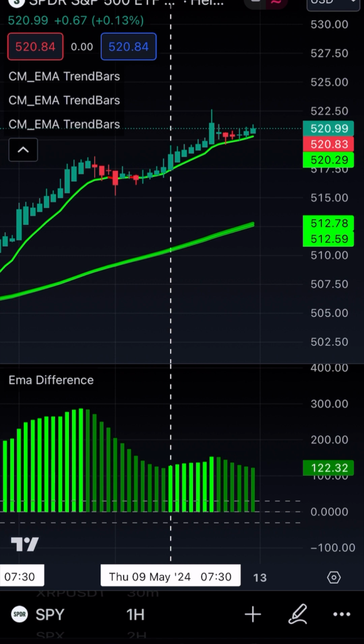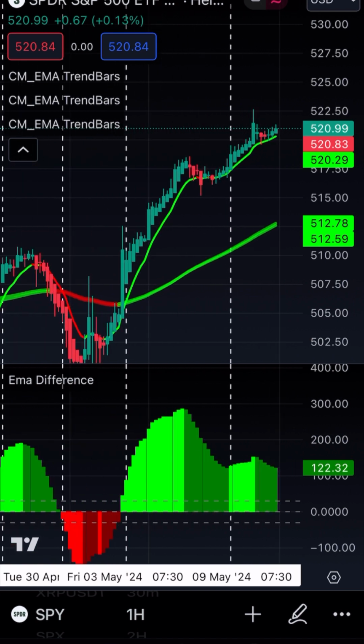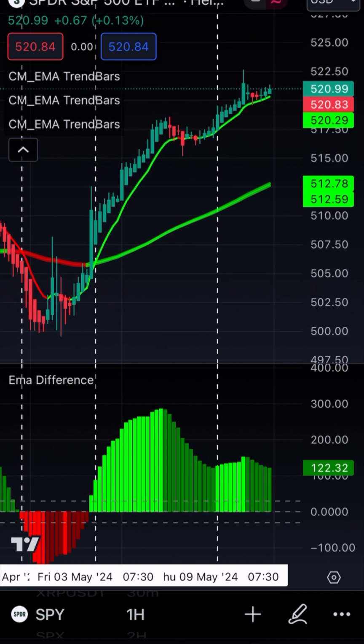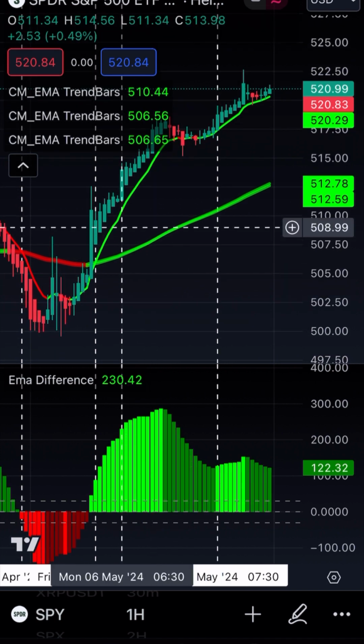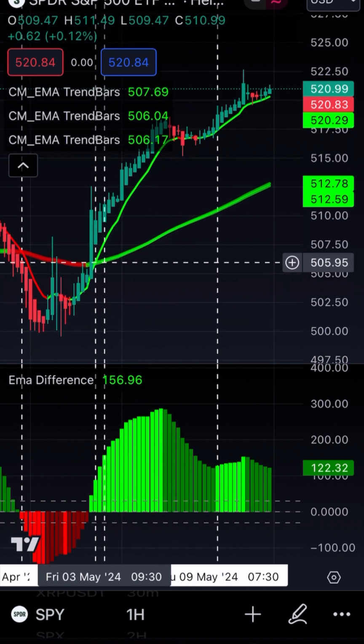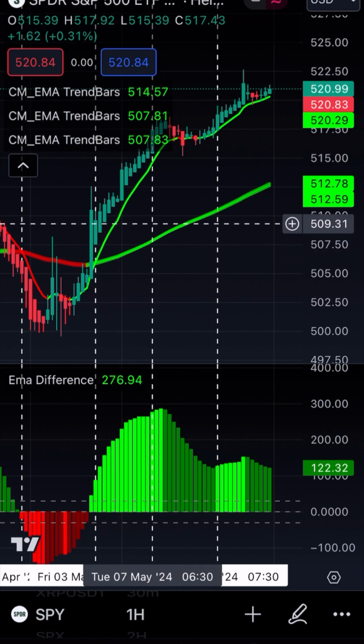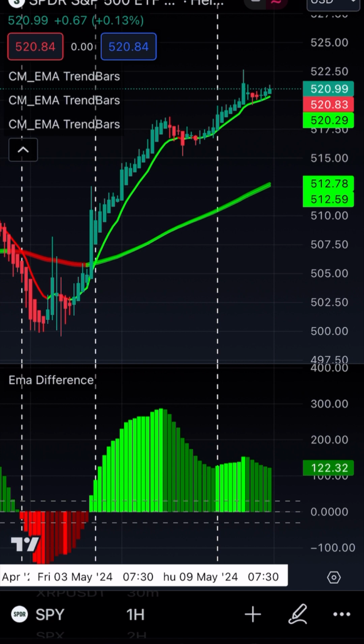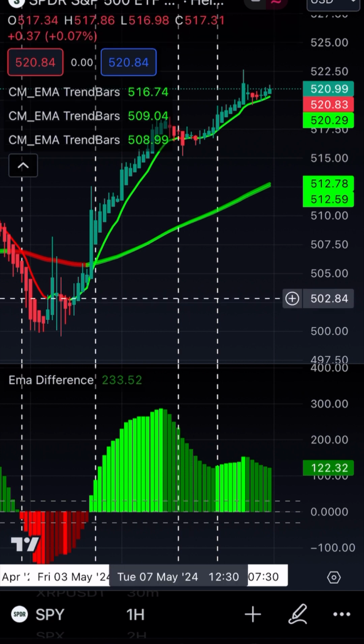The first thing is you want to make sure you know what direction the trend is currently in, and the only way to know the current direction of where you are is you have to look for the cross between the 9, 90, 95. That is where you will know what current direction you're in.